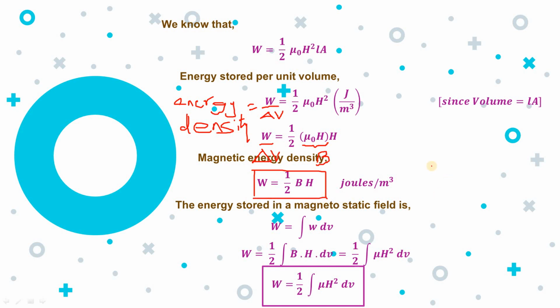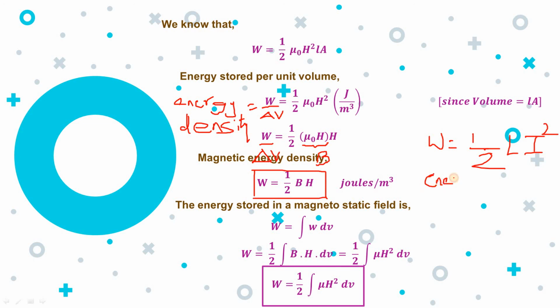So in this video we have discussed two things. One is the energy stored, which is W is equal to half Li square. The next one is the energy density.